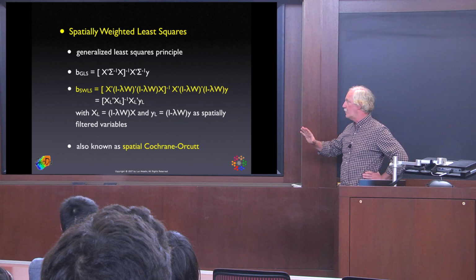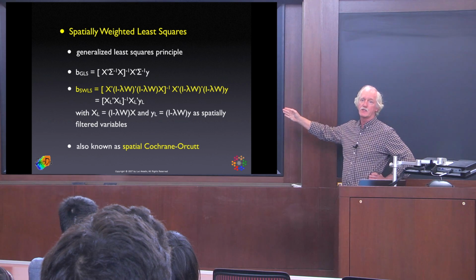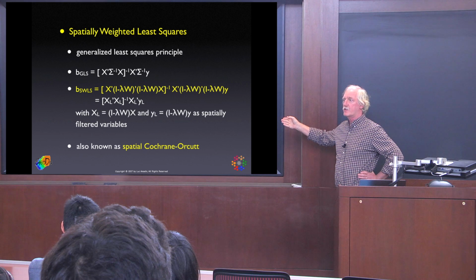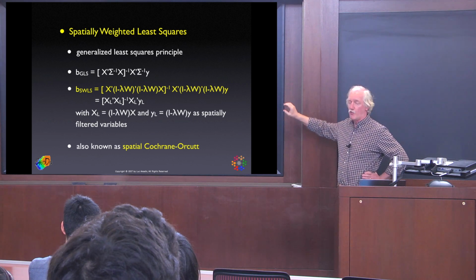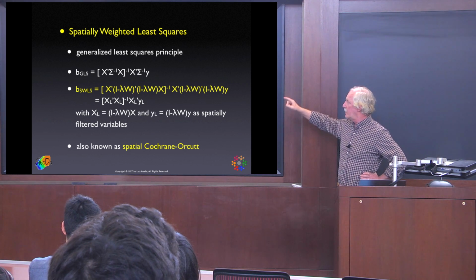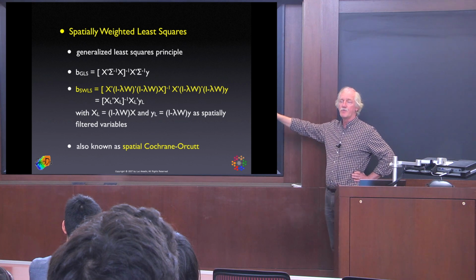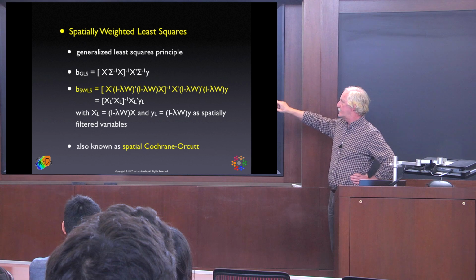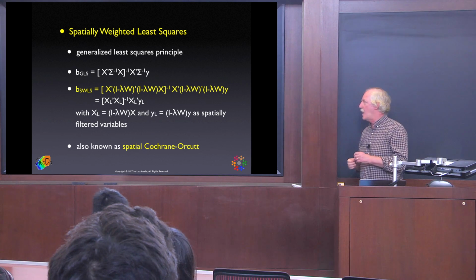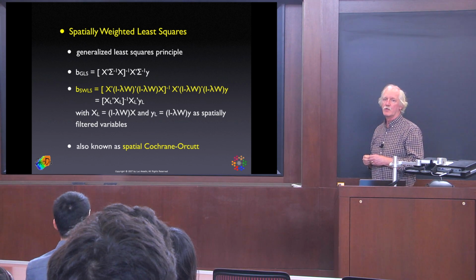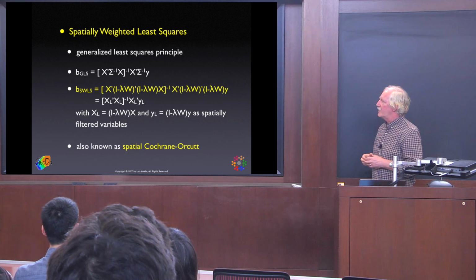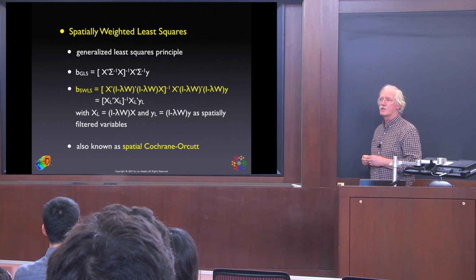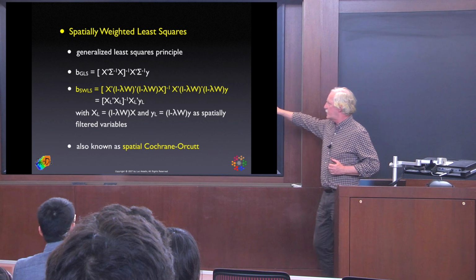That's very important. So the process that we posit is an autoregressive process, and we just saw the form of the variance. So the inverse of that variance, we can forget about the sigma square because they cancel out, is I minus lambda w prime I minus lambda w. So this middle part is the inverse of the variance. So we see it on both sides.